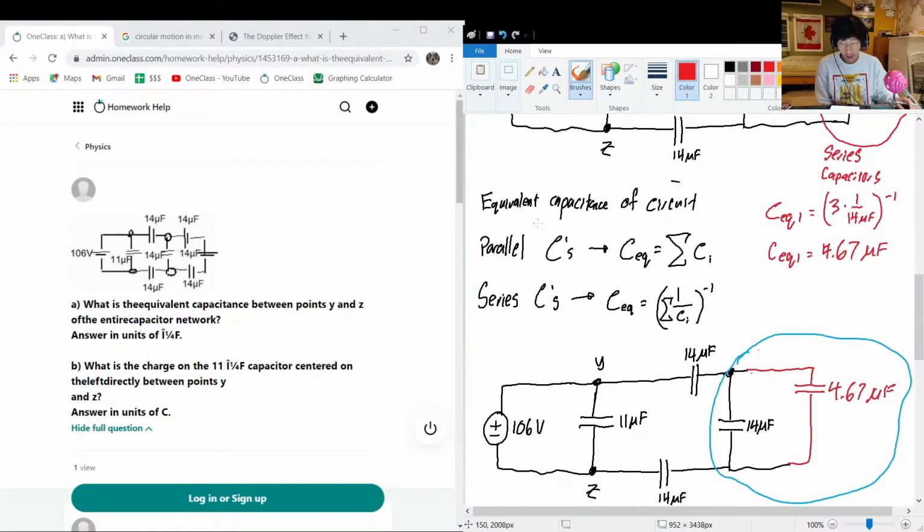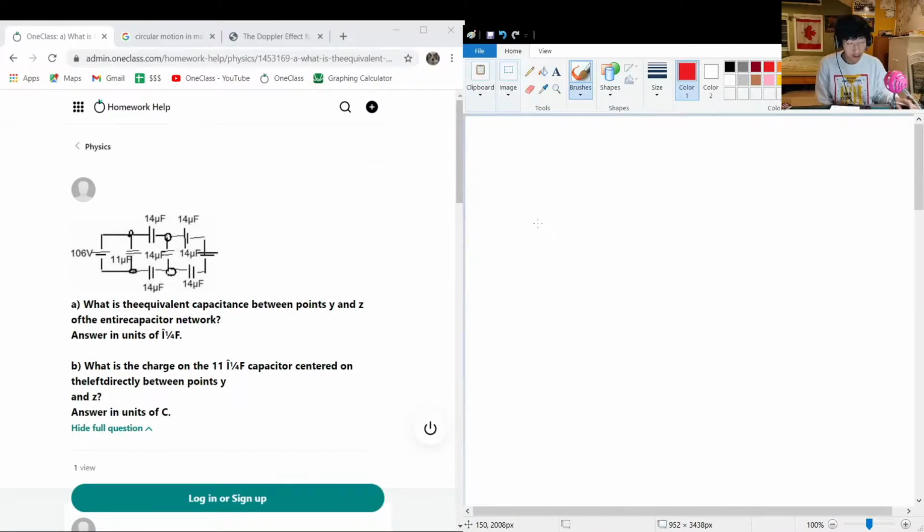Okay, now the second part of our question, just to get a little bit more space, we'll get up here, is asking us, what is the charge on the 11 microfarad capacitor centered between Y and Z? So what it's pretty much asking us is we have our voltage source here, 106 volts.